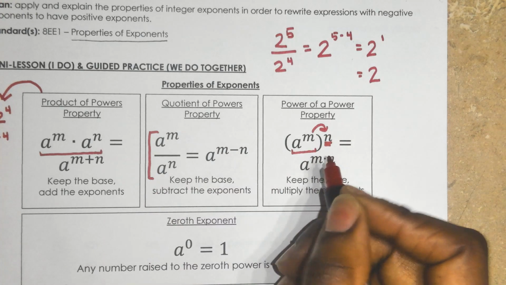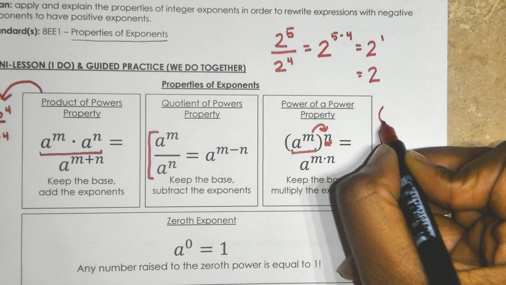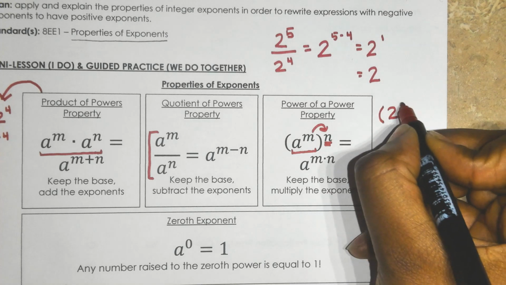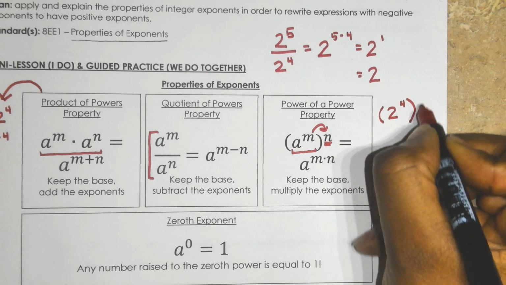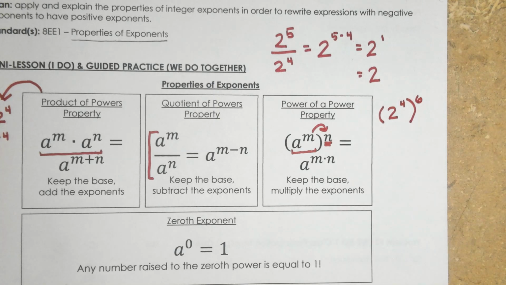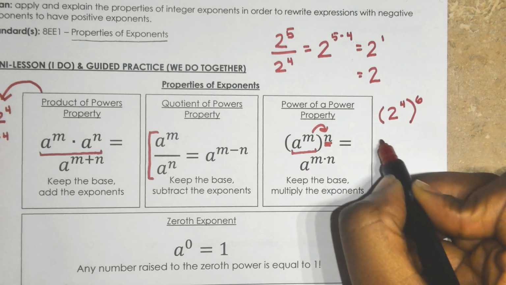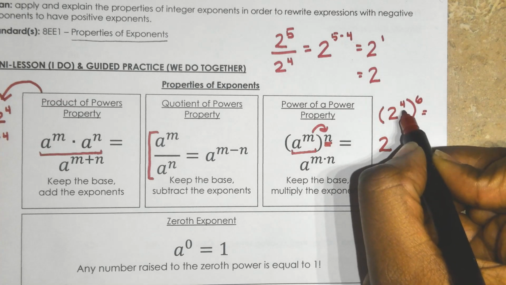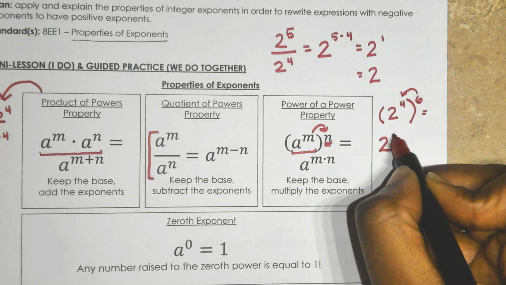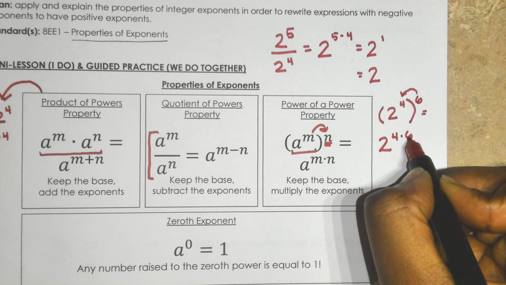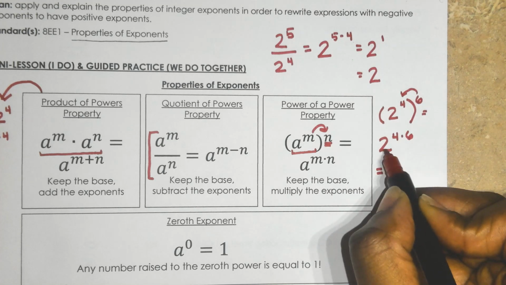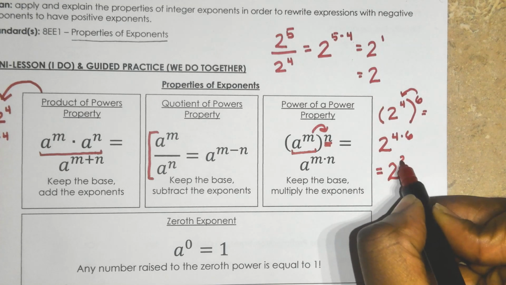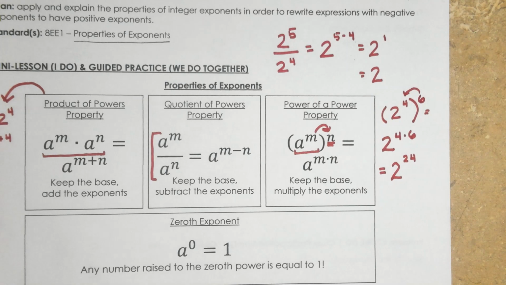And here's an example of that. So if I have 2 to the fourth power raised to the sixth power, I would keep that base of 2 and I would multiply these exponents. So that becomes 2 to the 4 times 6 power, which is equal to 2 to the 24th power.